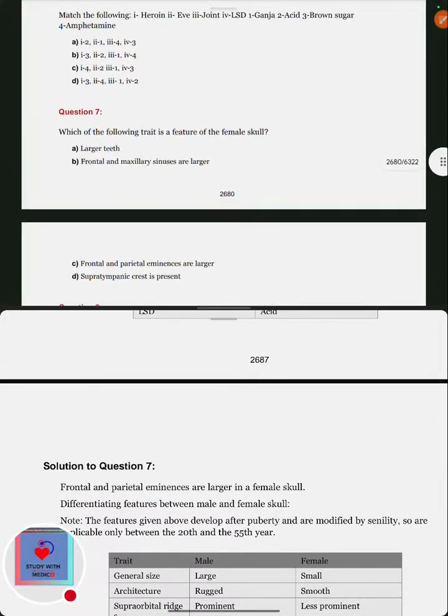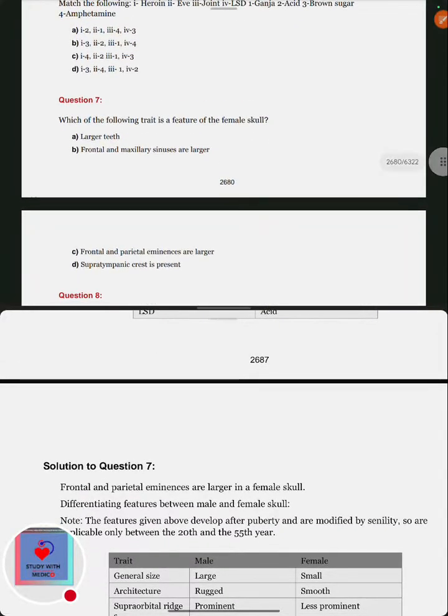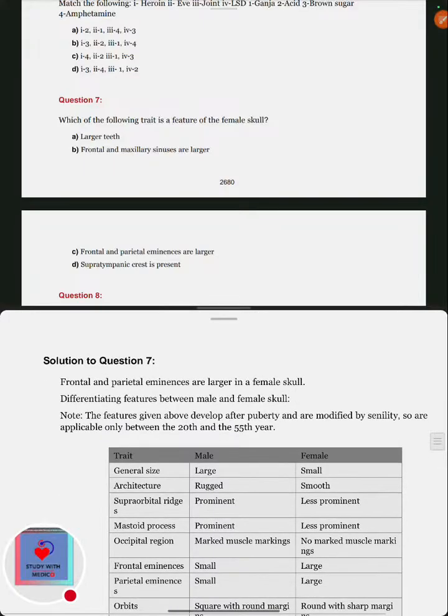The following trait is a feature of the female skull. Large teeth, frontal maxilla... Frontal and parietal eminences are larger. Supramastoid crest is present.